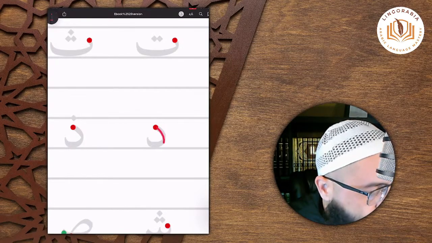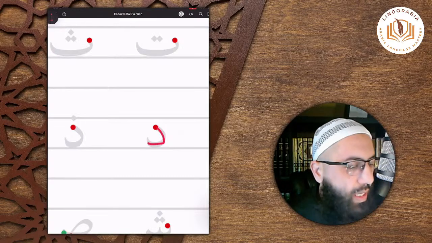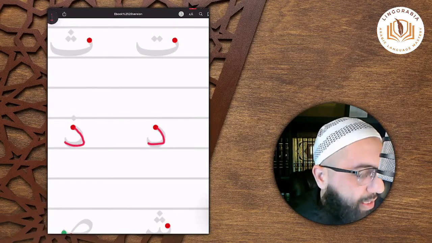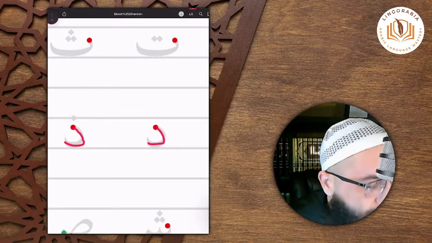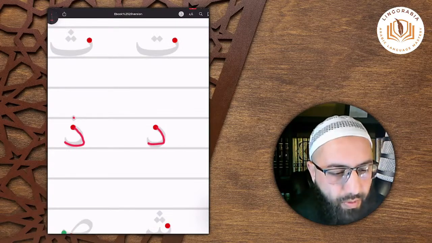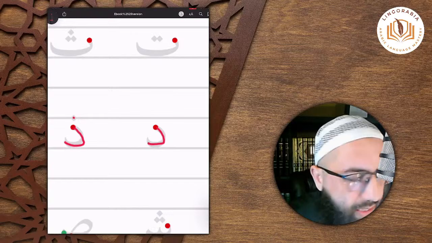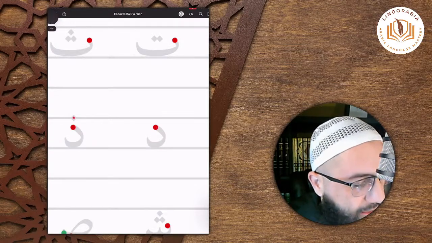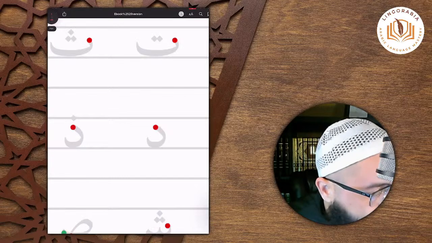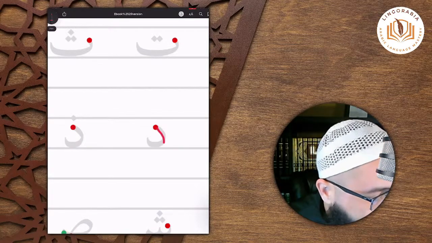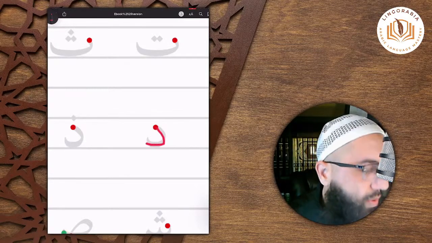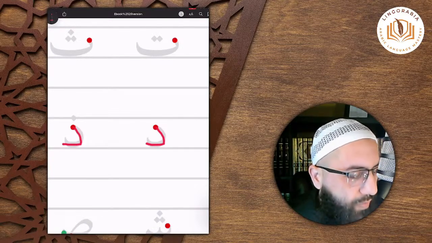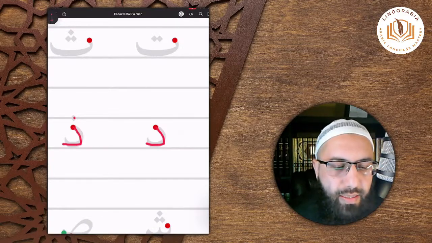And the only difference is the dot between these two, but the shape is similar. Okay, so you go first down and then you go sidewards. Okay, and the dal has a dot.